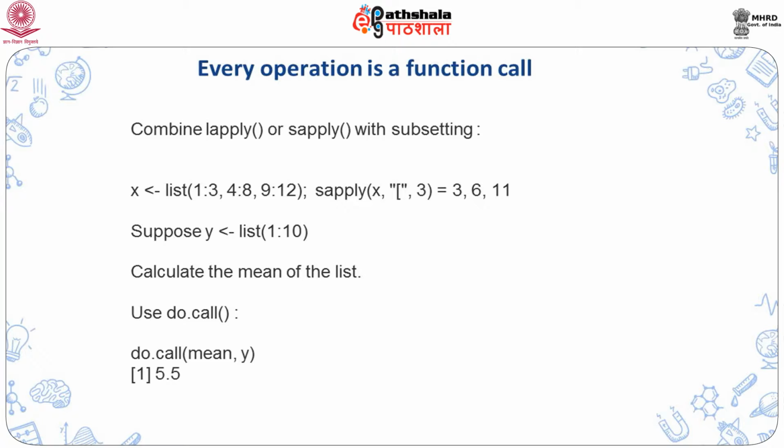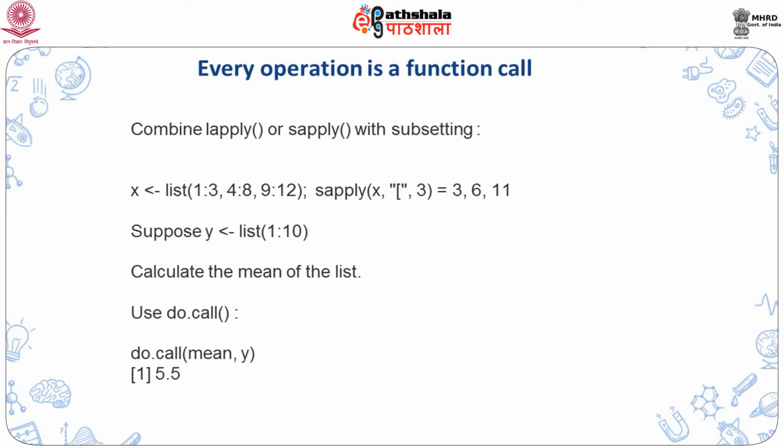Now if we write down this code, then R gives us 3, 6 and 11. This is basically giving us the third value corresponding to each of the elements of the list. So for 1 to 3 the third element is 3, for 4 to 8 the third element is 6, and for 9 to 12 the third element is 11, and that is what we are having here.